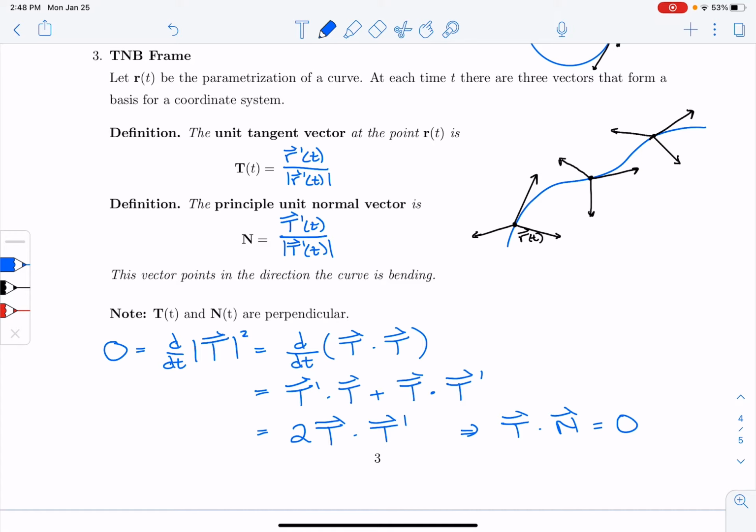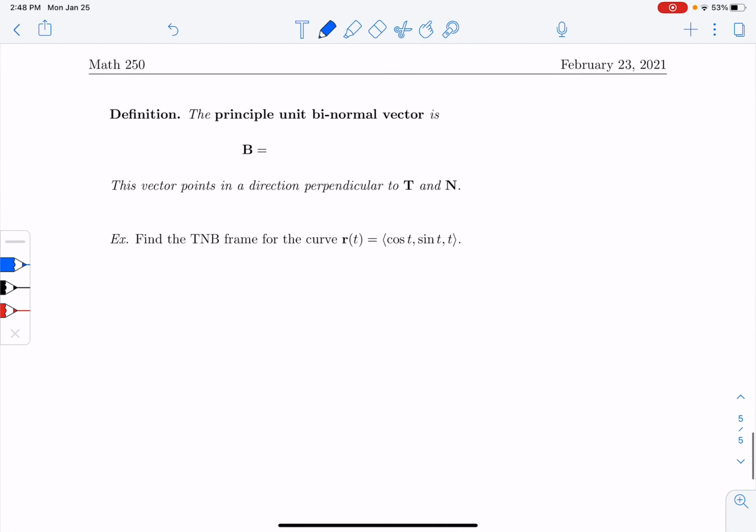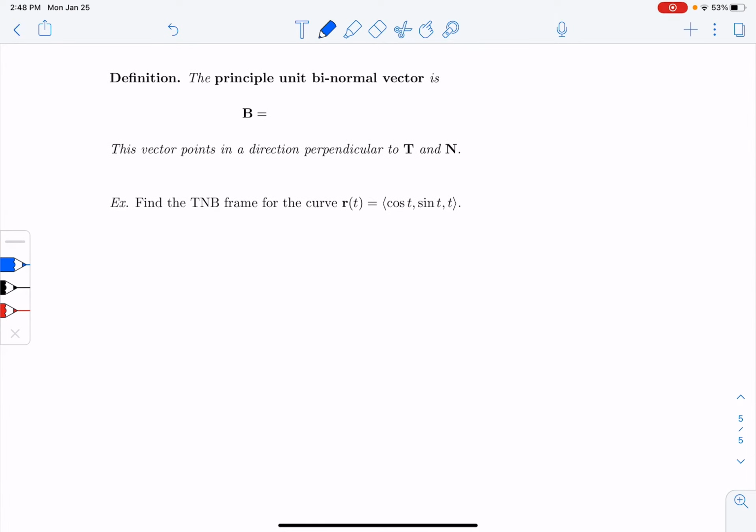Okay, now that we have two vectors that are perpendicular, we want to find a third one. The most natural thing to do to find the third vector that is perpendicular to the first two is to take the cross product.